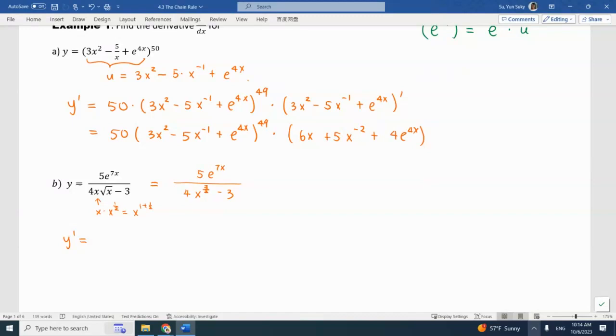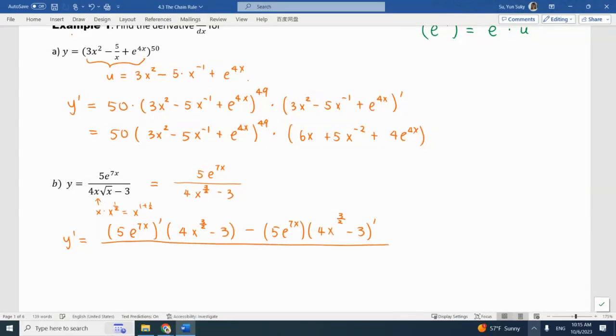So the top guy prime, 5 e to the 7x, top guy prime times the bottom guy. And then what? Plus or minus? Minus. Then we have the top times the bottom prime, all over the bottom square.